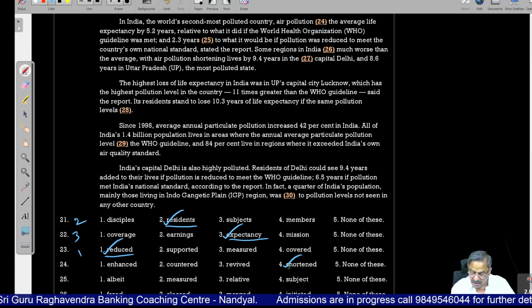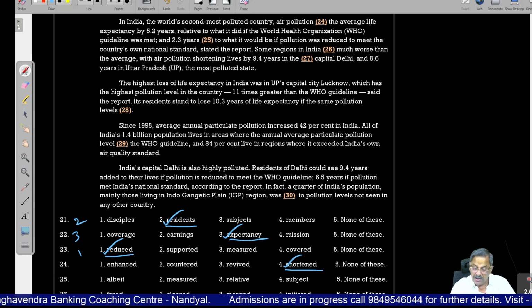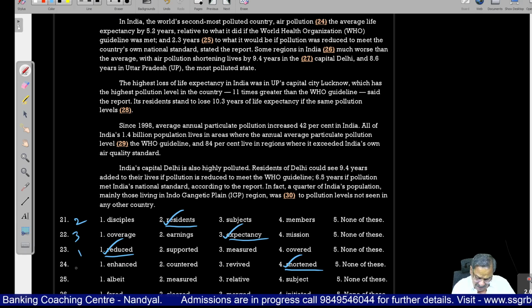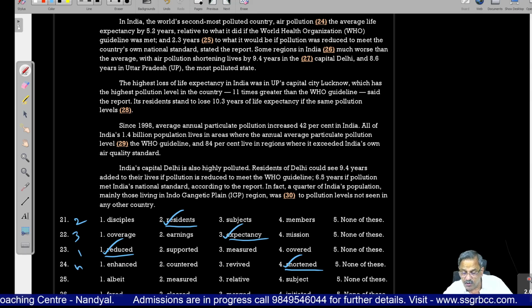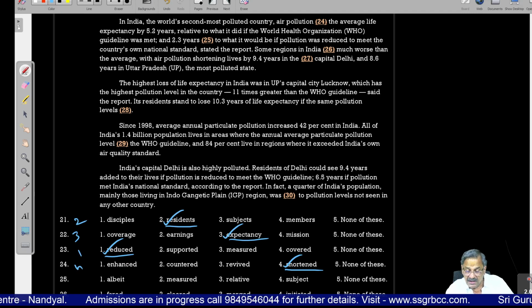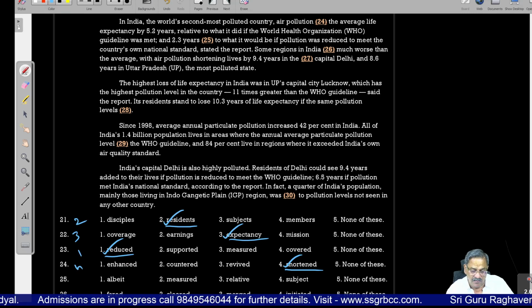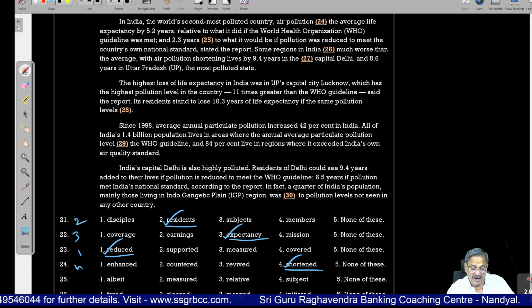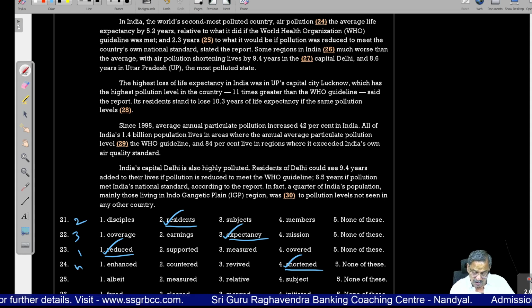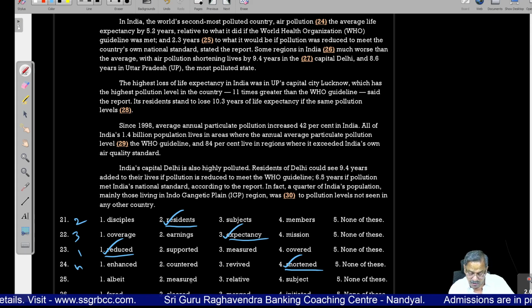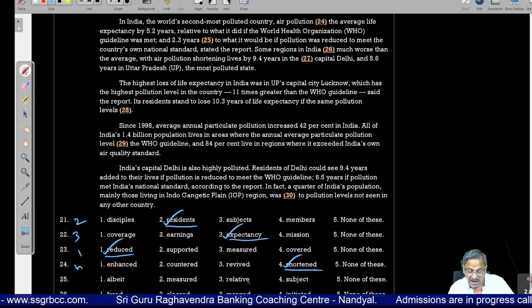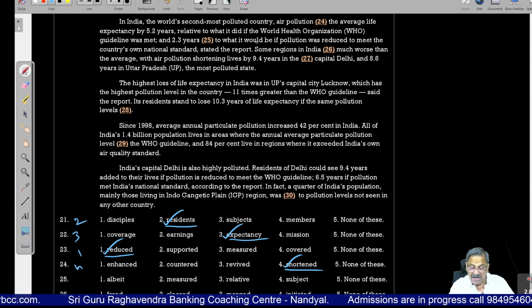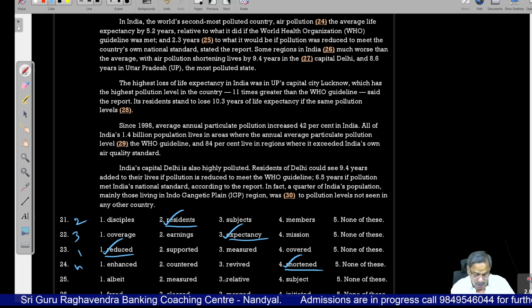Which word is suitable? Shortened. If air pollution in India reduces, what happens to life expectancy? Shortened. The air pollution shortened the average life expectancy by 5.2 years relative to what it did if the World Health Organization guideline was met, and 2.3 years dash. 2 to 3 years albeit, measured, relative to. Here the preposition is going to decide. Relative to.